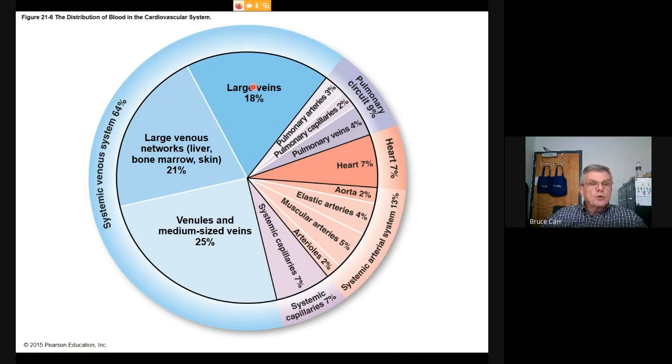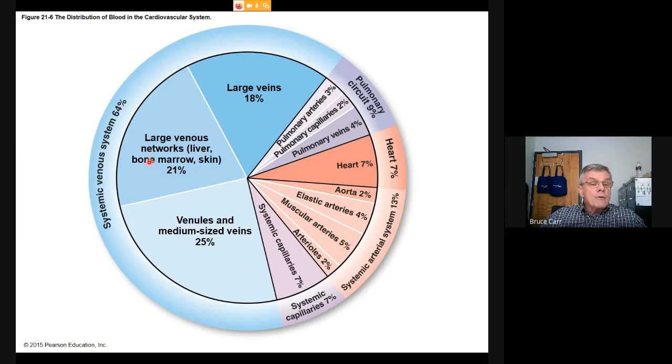This is the distribution of blood in a typical cardiovascular system. And you'll notice something here. Look at this. At rest, 2/3 of the blood, 64% is the total. Large veins, the large vein networks of the liver, the bone marrow, the skin, places that particularly have a high proportion of blood, because the liver, for example, is involved in assessing blood quality and adjusting it.